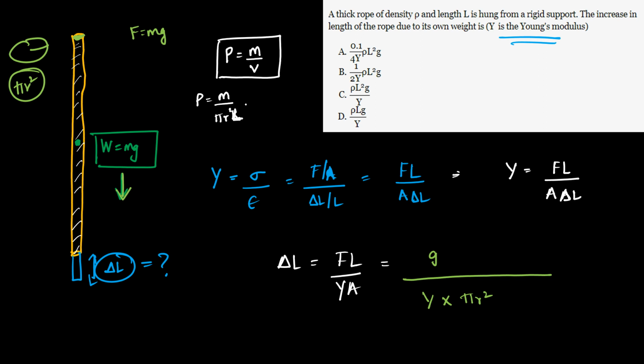Now what will m be equal to? I have to substitute for m. M will be equal to rho pi r squared multiplied by L. That should be plugged in over here. And what is going to be the volume it is affecting?